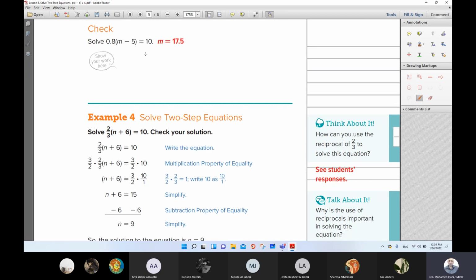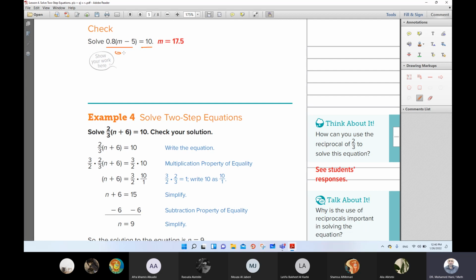In this example, we have this equation 0.8 multiplied by parentheses m minus 5 equal 10. We can use the first method, the property of equality. Try to remove 0.8 from the first side. So you can divide the two sides by the same number.